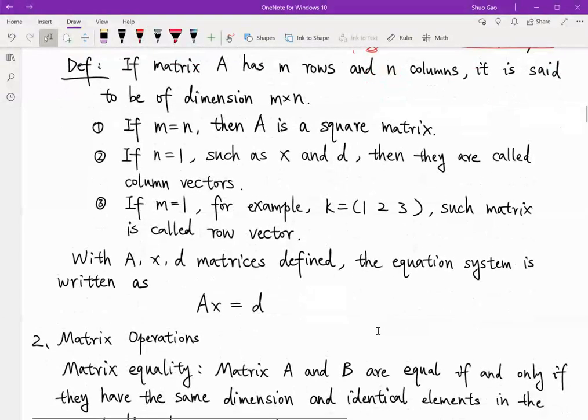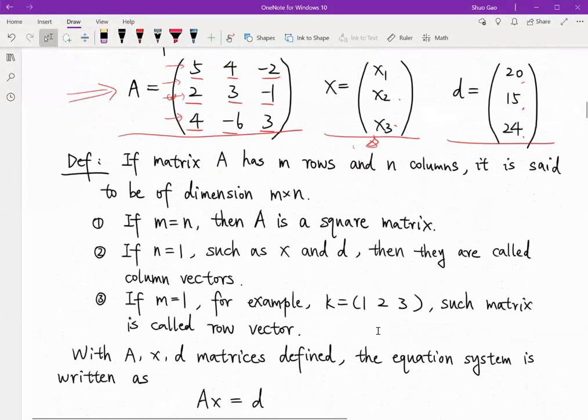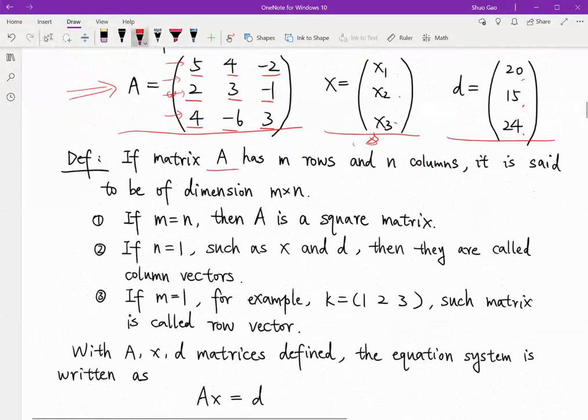Okay, so here are some of the definitions. If matrix A has m rows and n columns, then it is said to be of dimension m by n. So for example, this A matrix has 3 rows, right? So there are 3 rows here and 3 columns, 1, 2, 3.